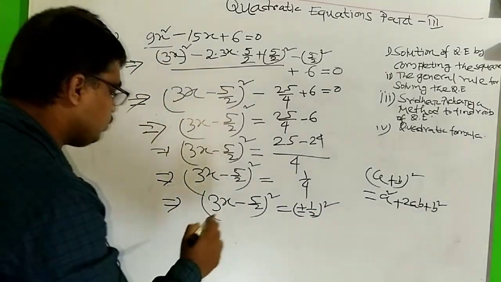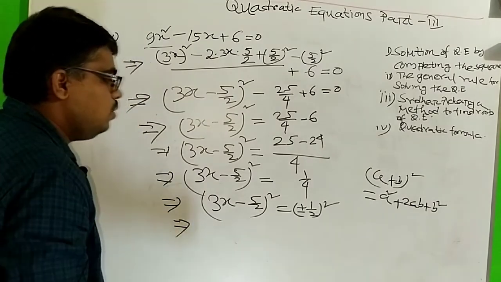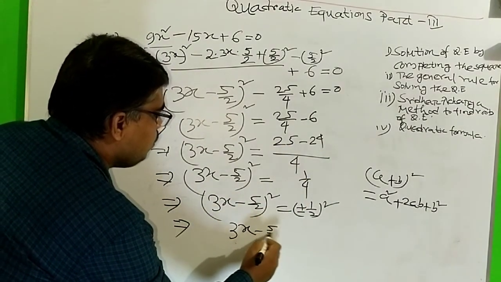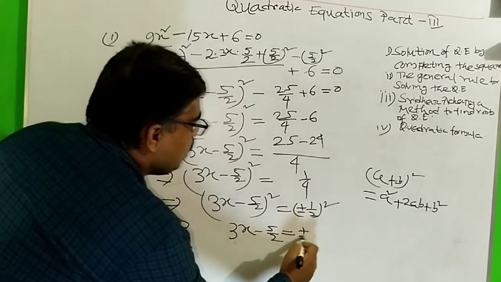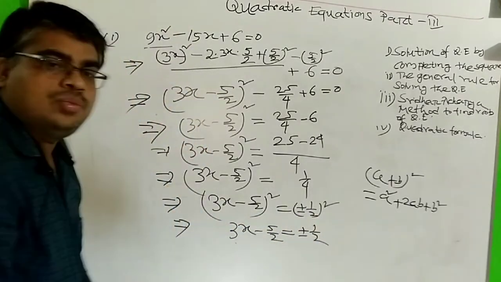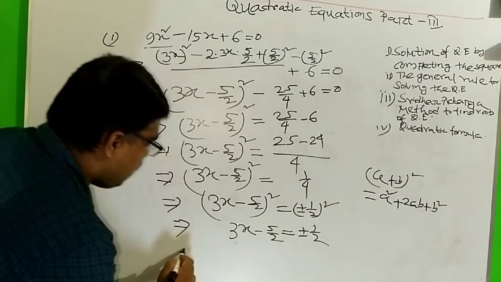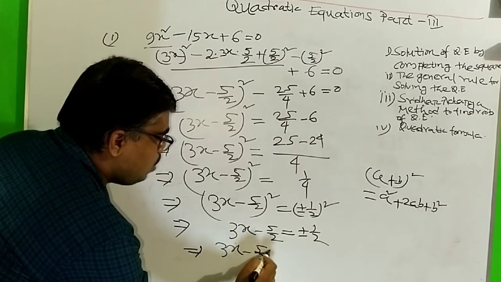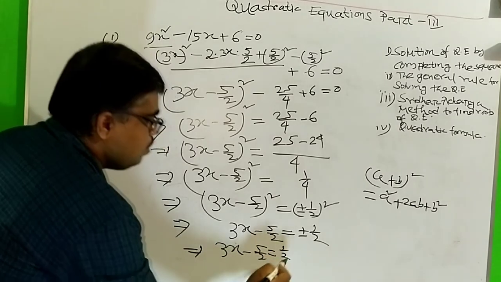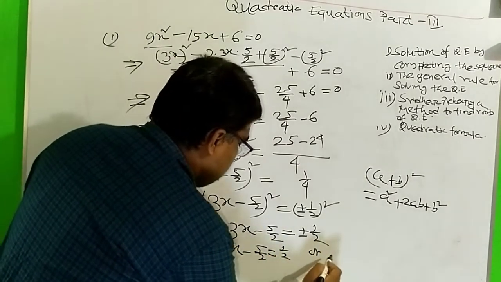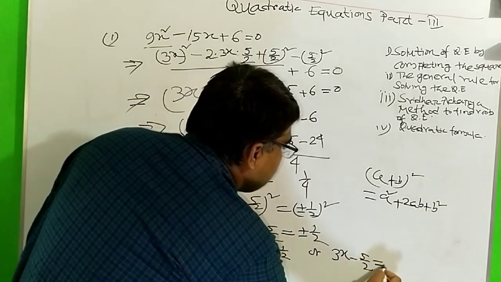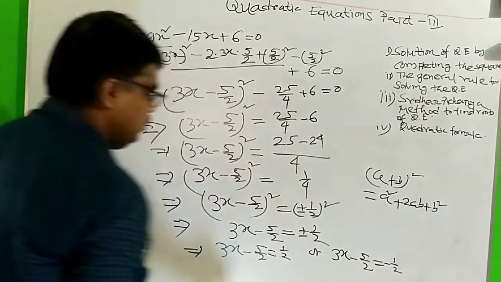We remove the square term. 3x minus 5 by 2 equal to plus minus 1 by 2. This implies 3x minus 5 by 2 equal to half, or 3x minus 5 by 2 equal to minus half.